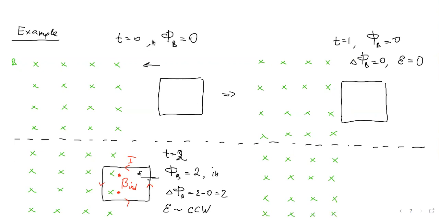So next time, let's say the loop will be somewhere here. And it will continue to move. What will be the flux right now? 4. Flux 4. The change in the flux?